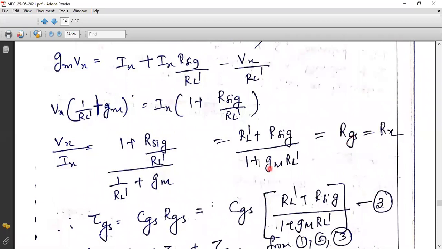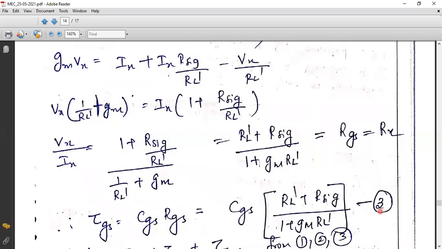So once you find RGS, multiply with the capacitance CGS. So that will be your tau GS. This is a result of case 3. Now add all the three equations together.